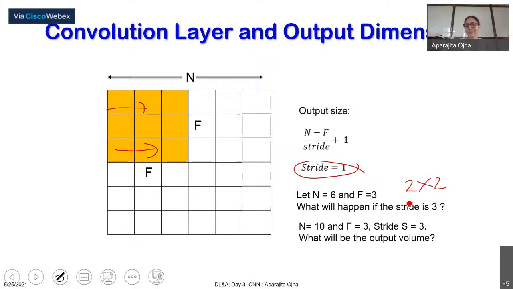Very simple. It's common sense, right? And n is equal to 10 and f is equal to 3, and stride is again 3. What will be the output volume? Now 10 is not divisible by 3. You will still have 3 cross 3 because the filter cannot move further, right?